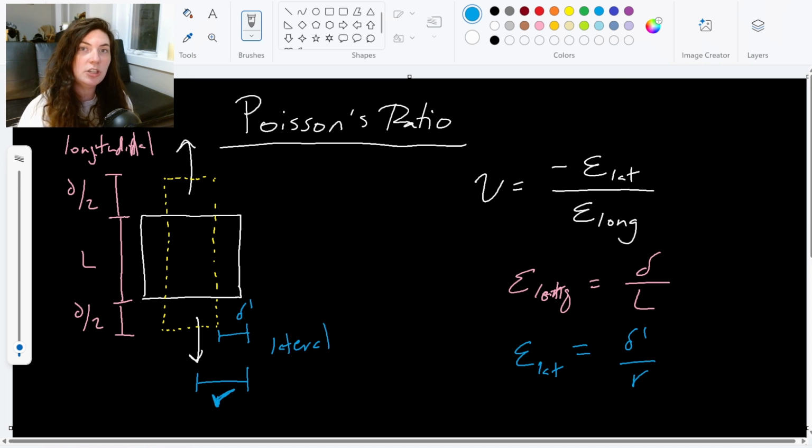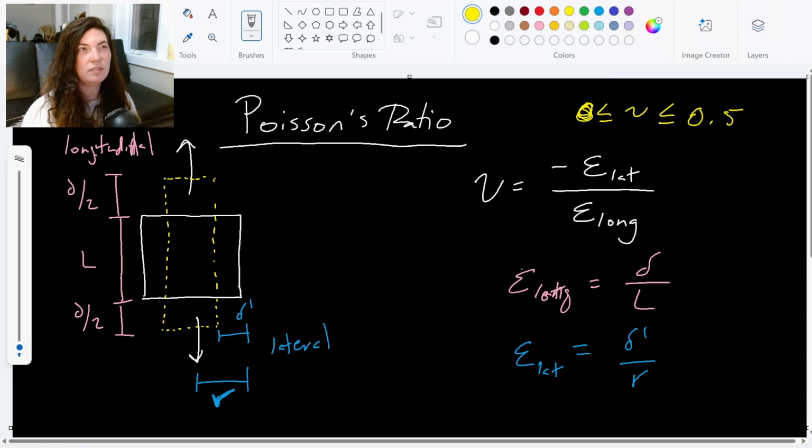The Poisson ratio, much like modulus of elasticity, is something that is known for a given material. So it's a constant that you can look up in the tables just like we can for modulus of elasticity. And we're going to find that for all materials, it's going to be between 0 and 0.5. 0.5 is the absolute maximum a Poisson ratio can be.